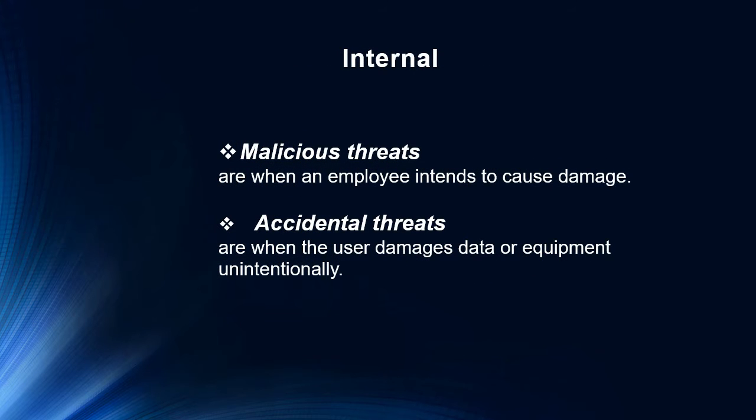Our internal threats may be malicious or accidental. Malicious threats are when an employee intends to cause damage, while accidental threats are when the user damages data or equipment unintentionally.